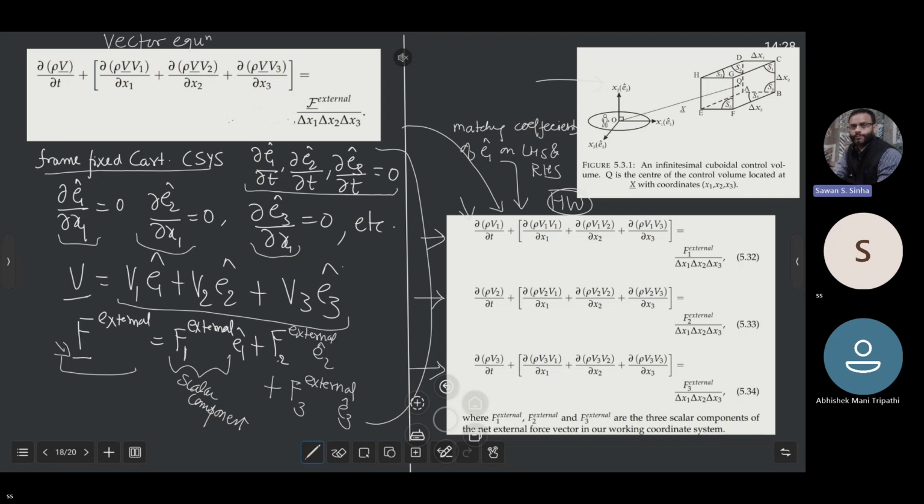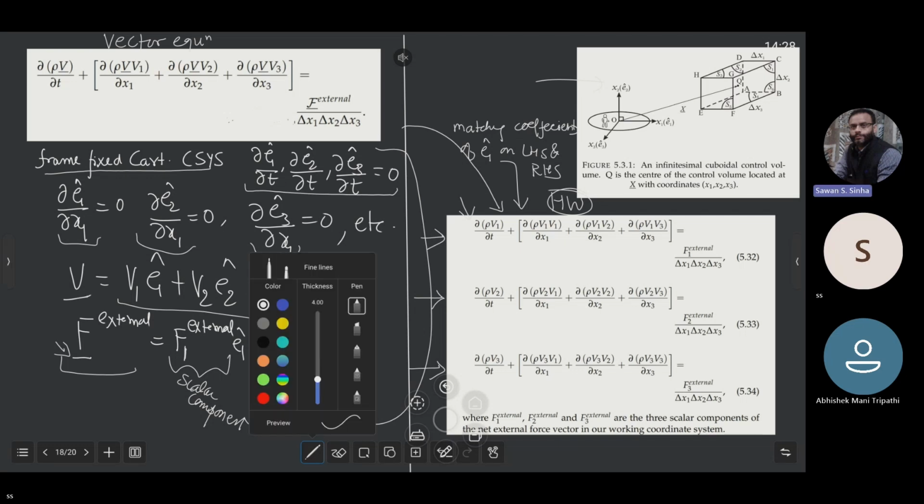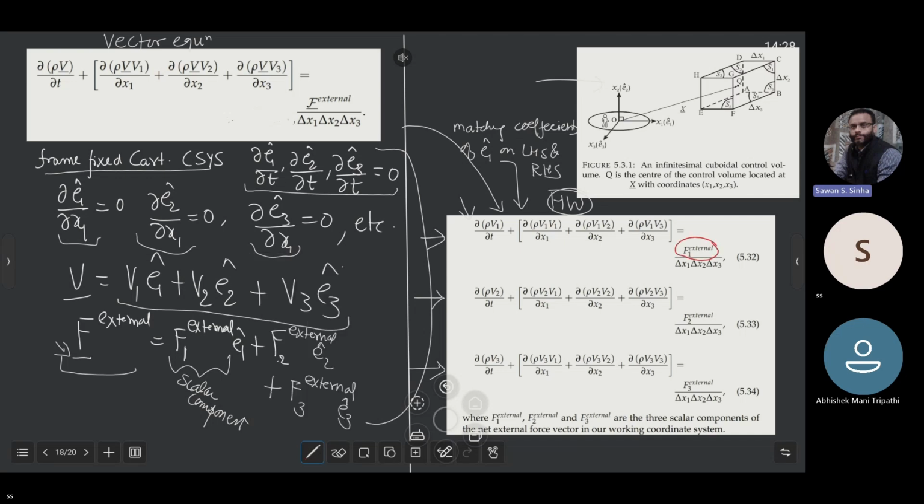Okay. So now I need to find these things. Earlier I was saying I need to find the F external vector. Now I have changed that question, and I'm saying that I need to find F1 external, F2 external, and F3 external, these three components. Once I have them, I'll plug them back here, and I should have the equation I am chasing.